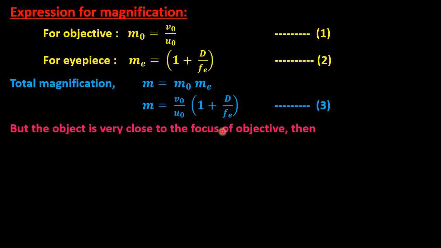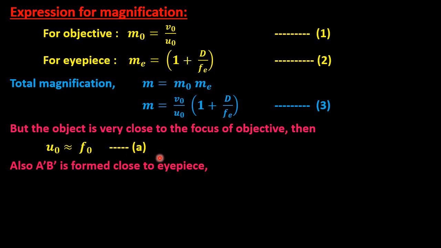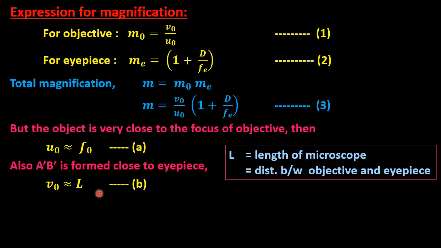Now the object is very close to the focus of the objective. Then we can approximately write U0 equals F0. Let this be our equation number A. A'B' is the image formed close to the eyepiece, so for that reason we can approximate that the image distance for the objective, V0, is nearly equal to L. This L is the length of the microscope, or the distance between the objective and the eyepiece.